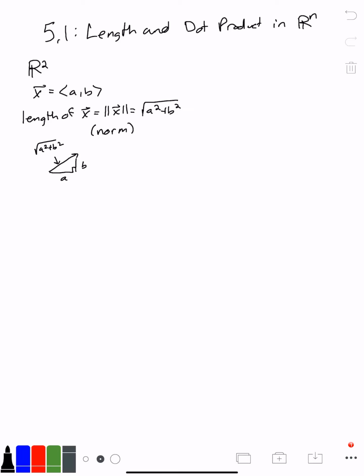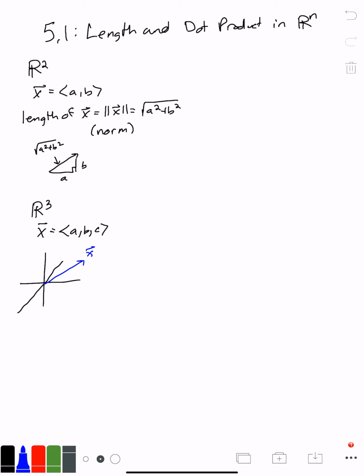If we want to move on to, say, R3, it's also something you should have done in multivariable calculus, and this time our vector is (a, b, c). What we can do here is apply the Pythagorean theorem twice.